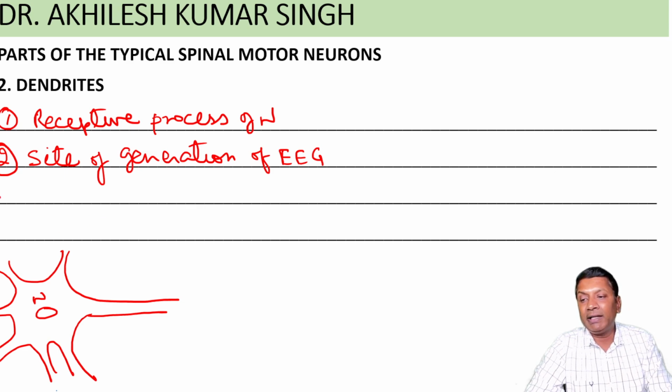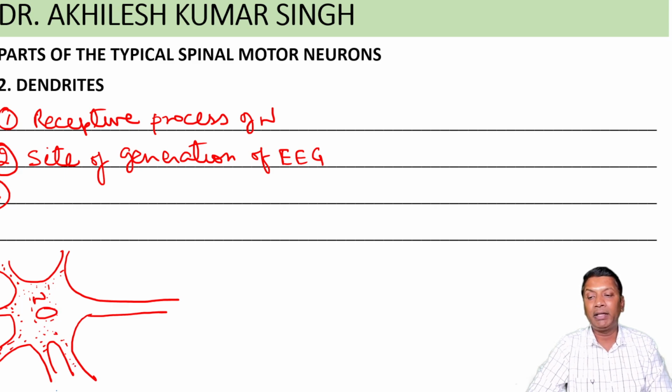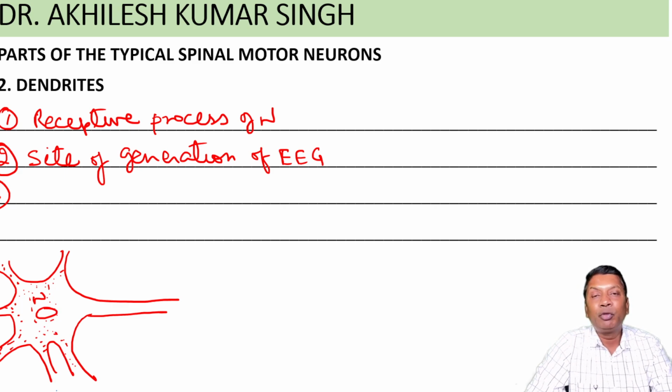Then the third one is that these dendrites have Nissl granules in them, and these Nissl granules will synthesize the proteins, right? And these proteins play a role in learning and memory. What happens is, whenever the neuron is stimulated, it will generate the electrical activity and it will excite the dendrite.